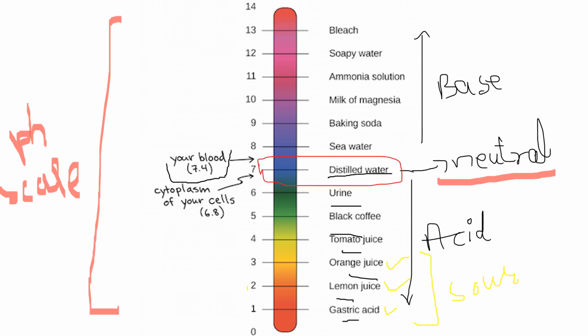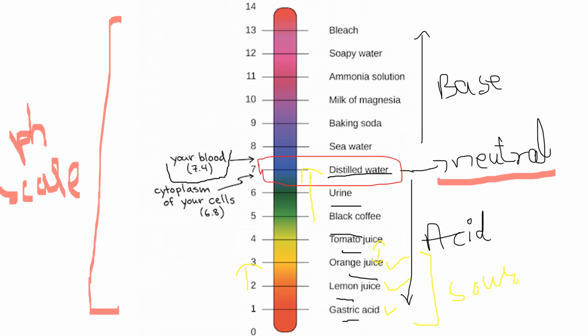That's why its pH is higher than the pH of lemon juice, as it is nearer to the neutral part. The gastric acid is more sour. Compare the orange juice with the tomato juice: tomato juice is a bit less sour than the orange juice. Black coffee is a bit sour because it is closest to the neutral part. So that's the common thing.